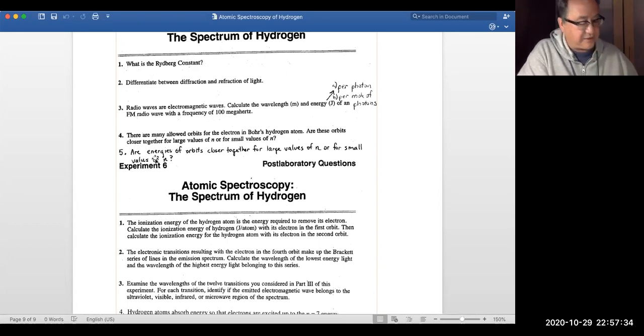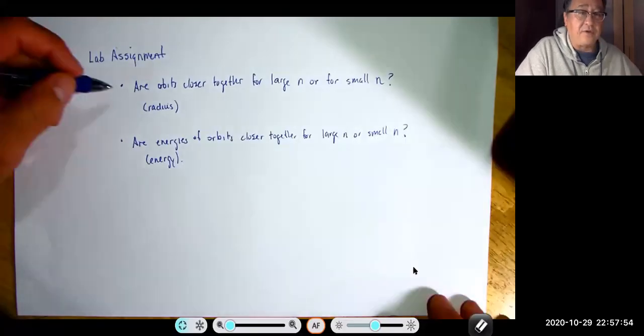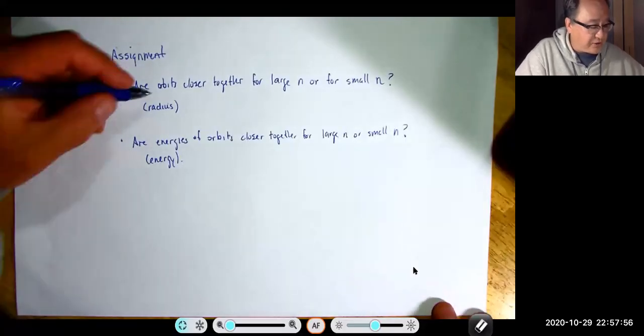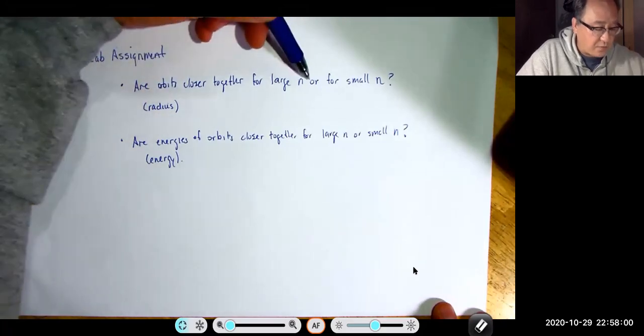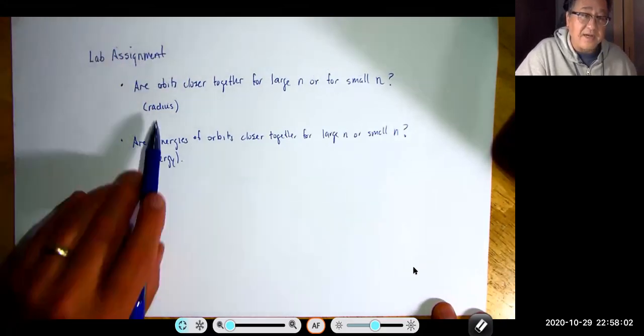Now, I'm going to be honest here. I don't know why, but a lot of students, when they answer these questions, they don't answer them the way I've asked them. So let's take a look at the questions as I've written them so that you can see them. So these are 2 questions that are part of your assignment. Are orbits closer together for large n or for small n? So we're looking at the radius.